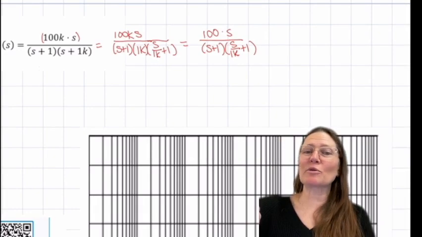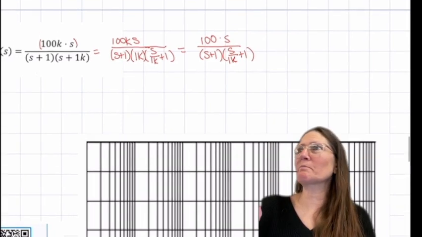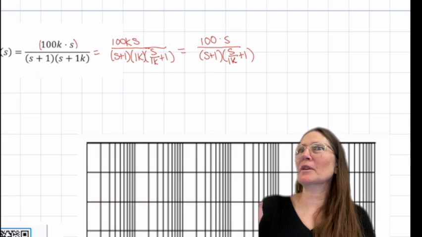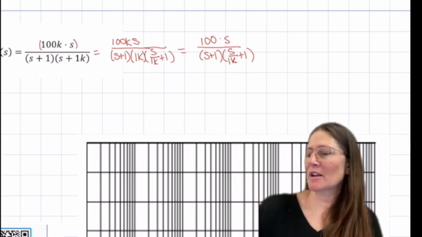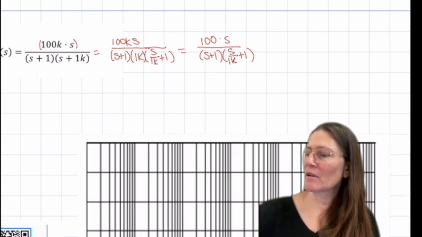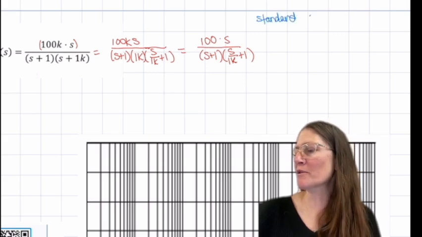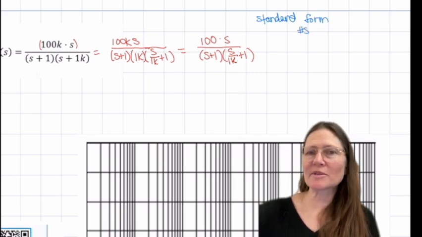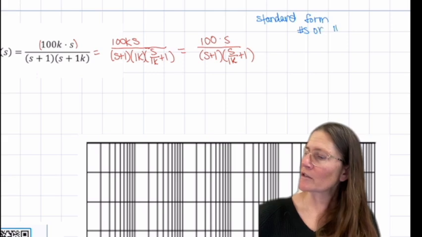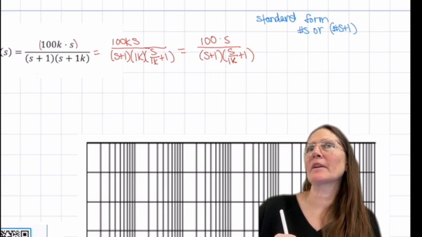All right, so from here, what are your... So remember, for standard form, you either want a number times s or some number s plus 1 as the quantity.